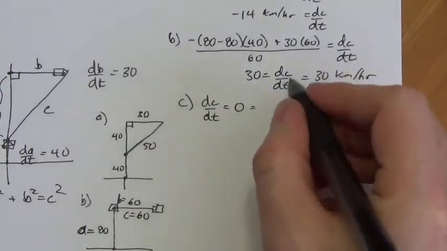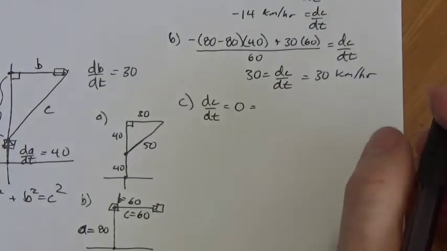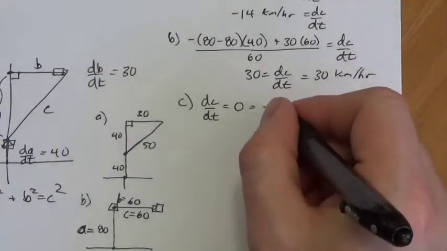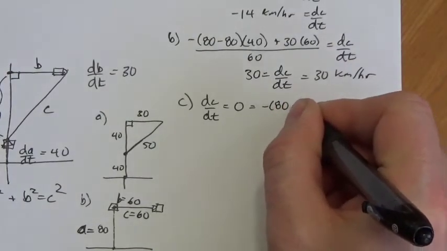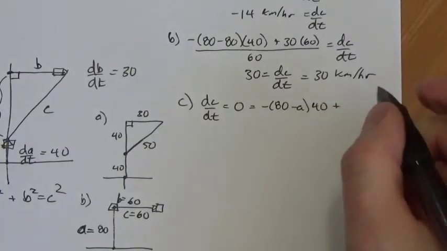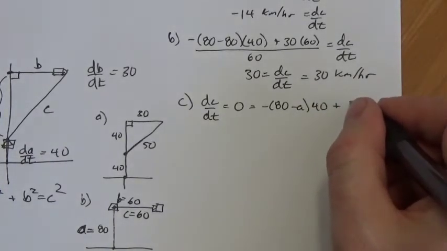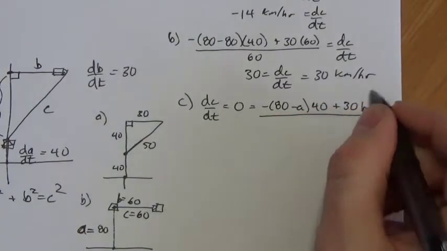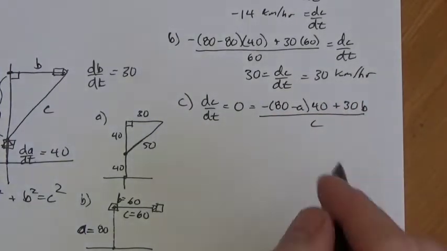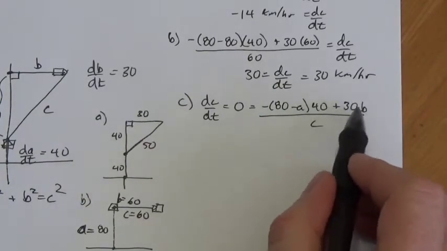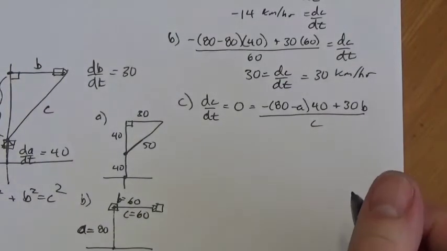Okay? And so now that is going to be where we've got, we don't know what the values are here, so it's going to be negative 80 minus A times 40 plus, what did we have here, 30 multiplied by B all over C. Okay, so remember dA by dt is 40, dB by dt is going to be 30. So we've got to figure out when this occurs.